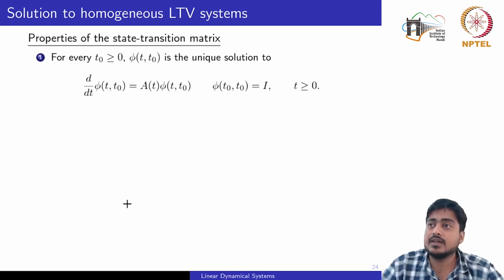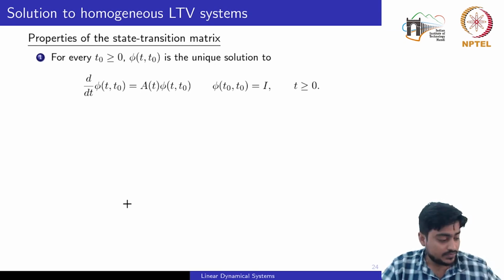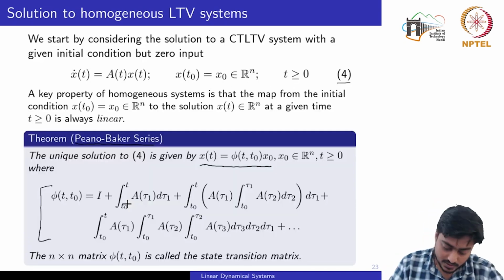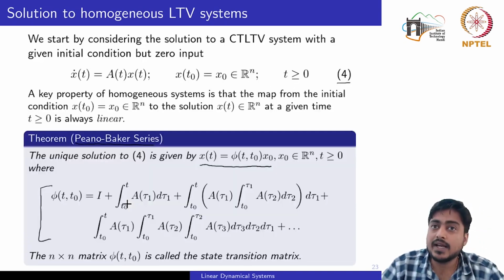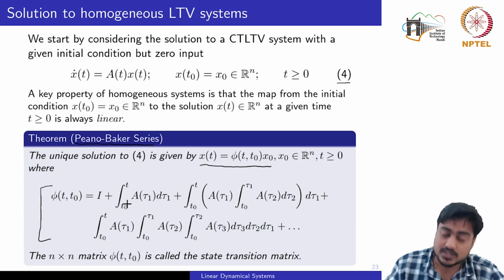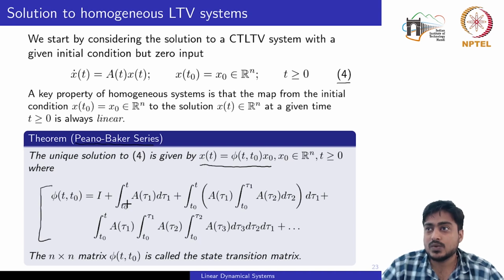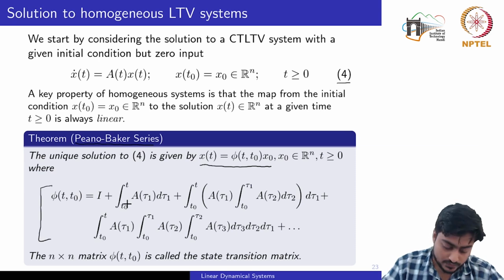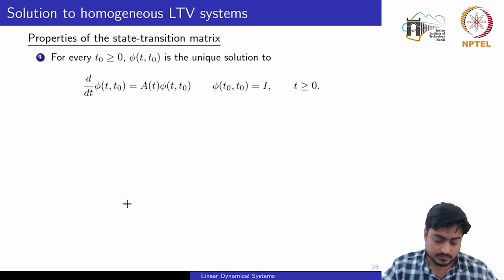Let's see further the properties of the state transition matrix, because if you pay close attention to this series, it is quite complicated to compute all these integrals, and we never know how many integrals we need to compute. So first we will see the key properties of the state transition matrix, and then we will try to compute the closed form solution of this state transition matrix.